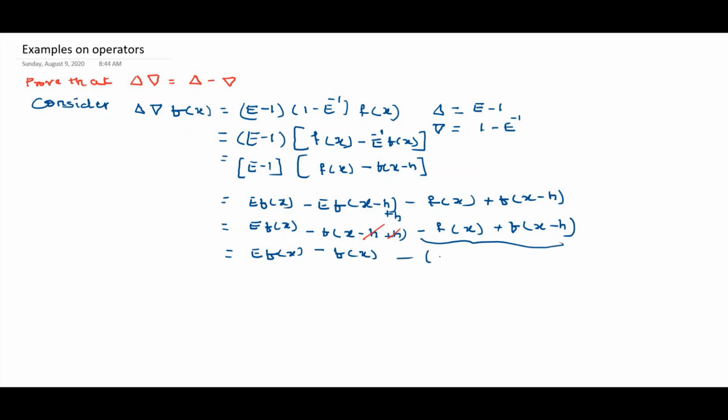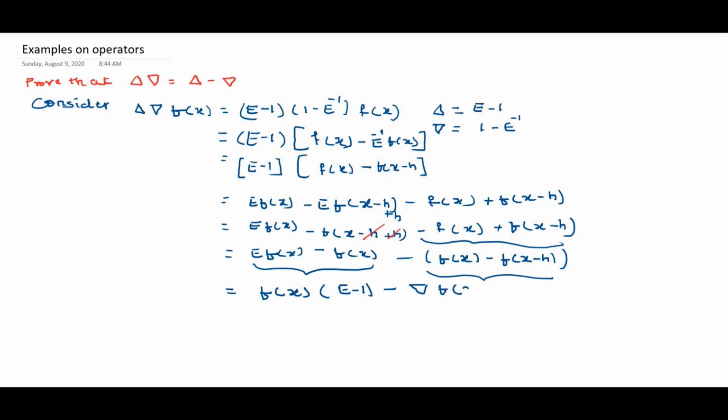If you take minus outside, we are left with f of x minus f of x minus h, and from the first two terms you can take f of x common. If you take f of x common, here we are left with e minus 1, and the last two terms, this term we can write as the formula for del f of x.